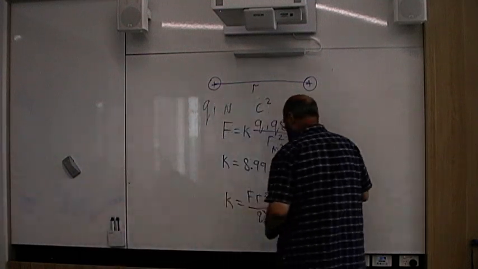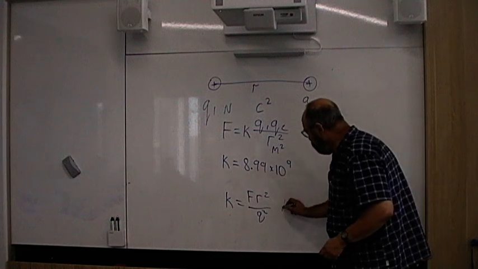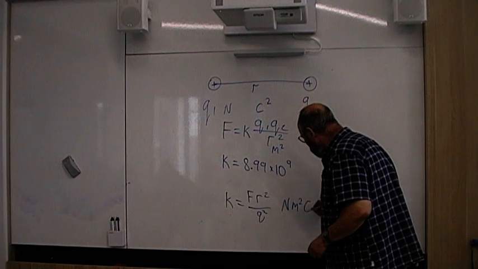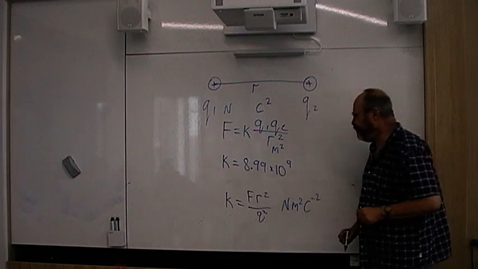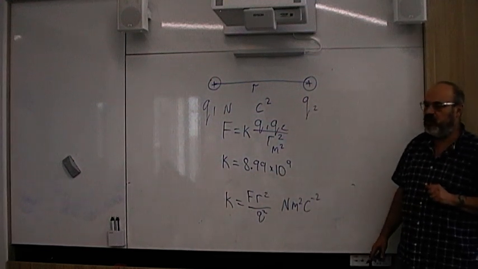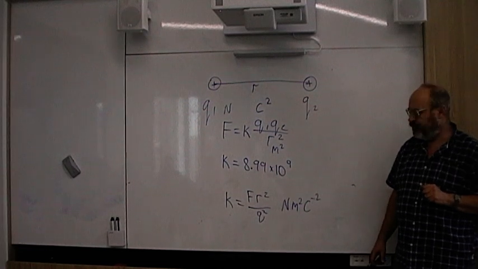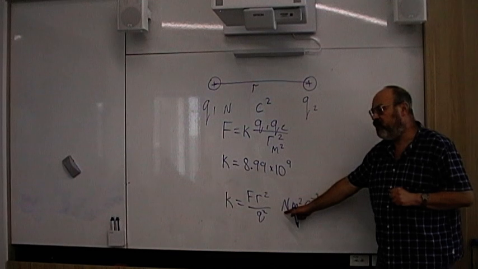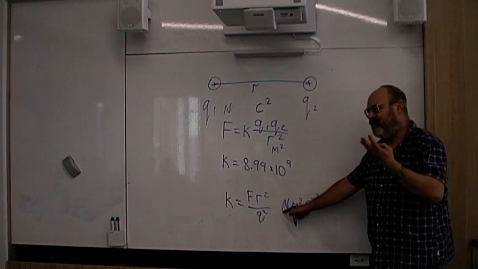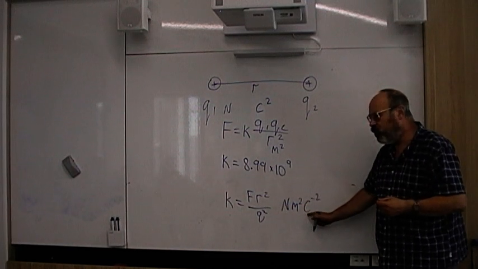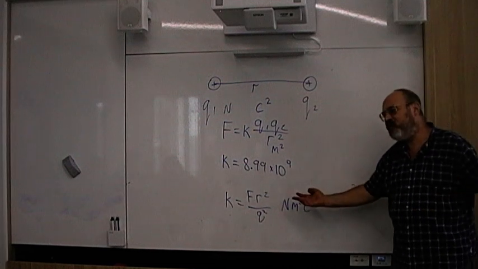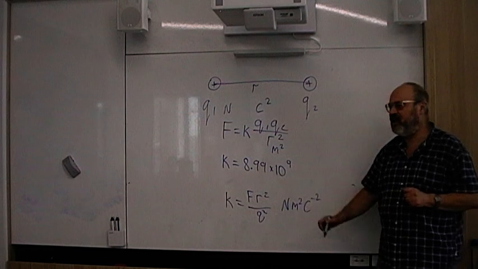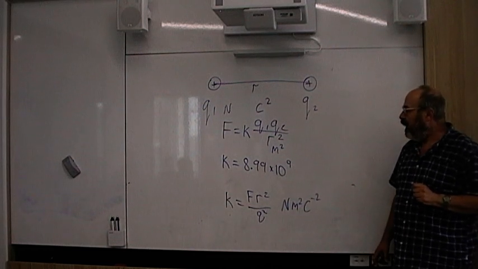So the unit will be newtons times meter squared times Coulomb to the negative 2. That will be the unit for K. Is the C capital or lowercase? Capital, same as N, because they are named after people, Newton and Coulomb. Meter is not, so it is lowercase.